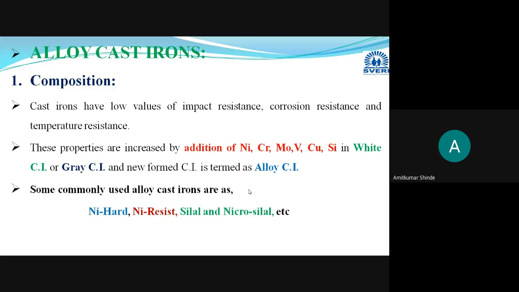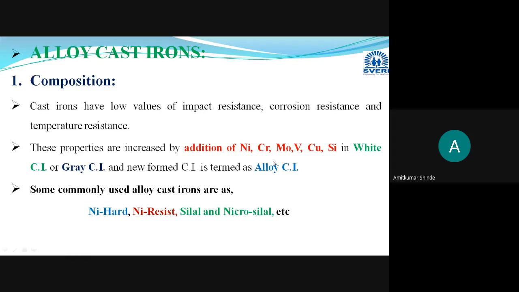We add these alloying elements to improve certain properties like impact resistance, oxidation resistance, and corrosion resistance, by addition of elements like nickel, chromium, molybdenum, copper, silicon in the white cast iron or in the gray cast iron. Whichever new type of cast iron is formed will be termed alloy cast iron.